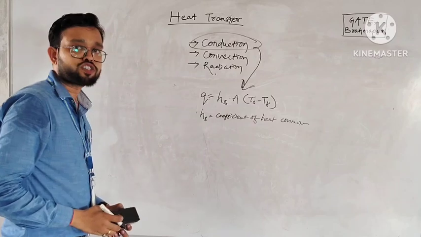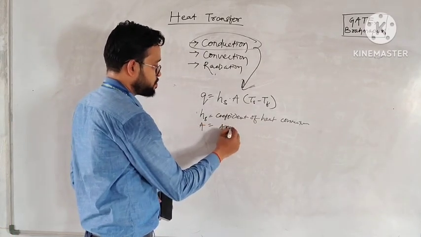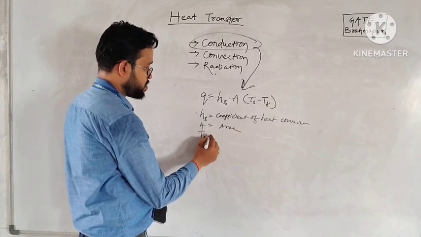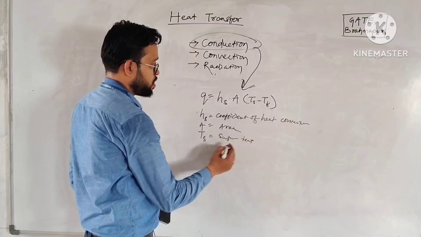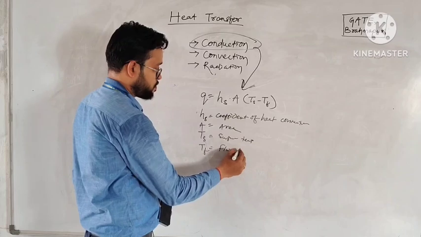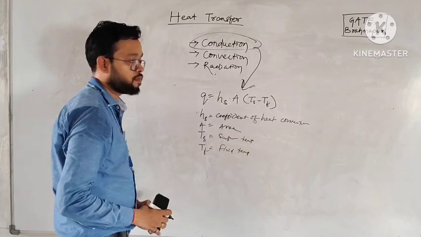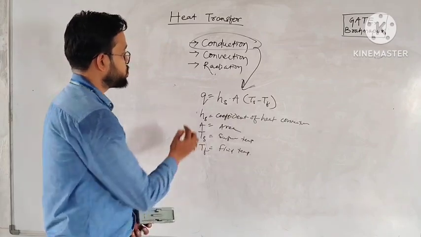It is a constant. A is the area. Ts is surface temperature. Tf is fluid temperature. This is the formula.